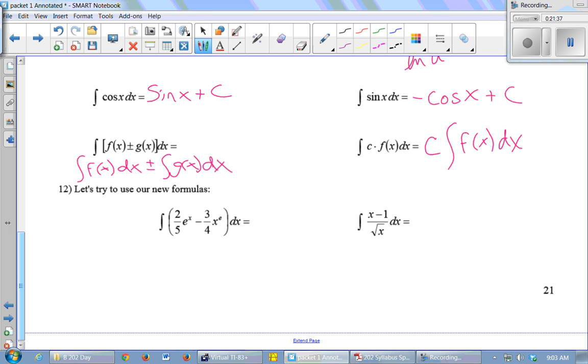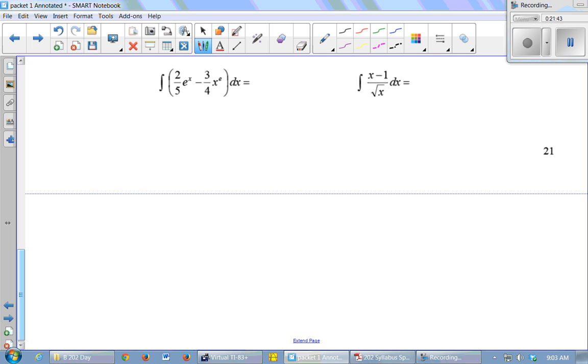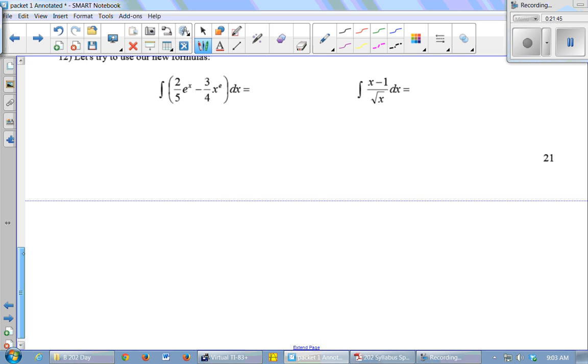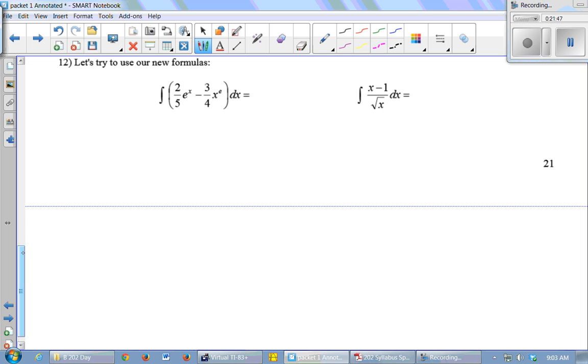All right, let's try to use our new formulas. This is an integral of a difference, and I've got some constants. So the first thing I want to do is make my life easier by separating the integrals into separate terms and pulling the constants out in front.